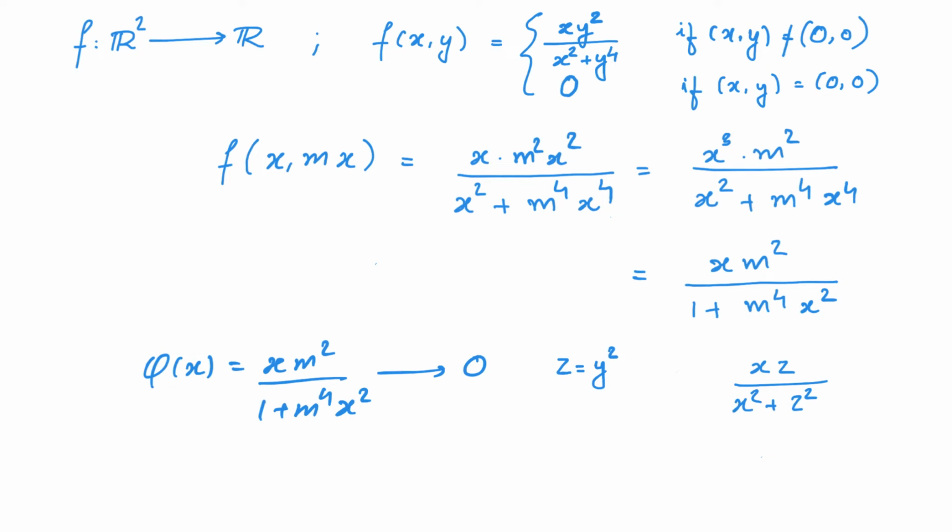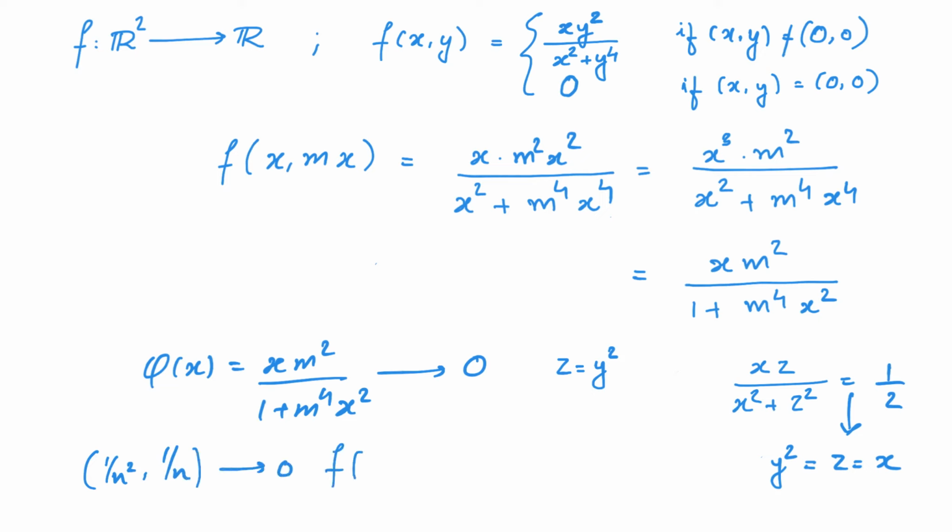More precisely, this is equal to half if z was equal to x. But notice that z is equal to y square. So we will have a problem if x was equal to y square. That means if we approach the point (0, 0) through the parabola, then we will have a problem. More precisely, the sequence (1 by n square, 1 by n) converges to (0, 0).